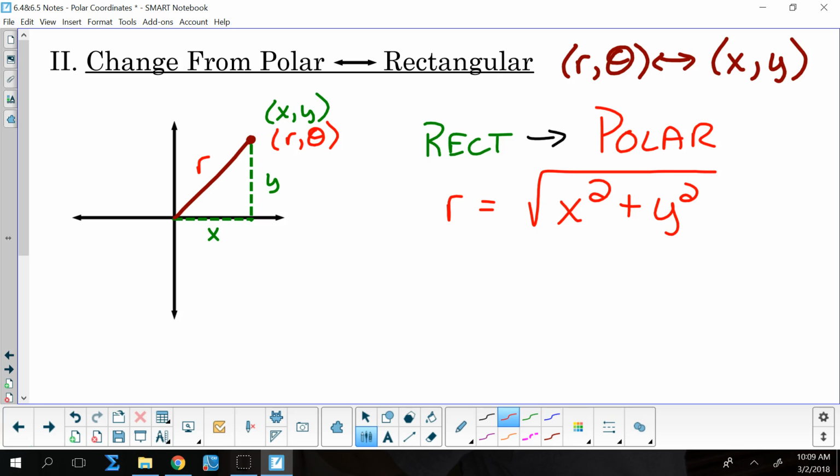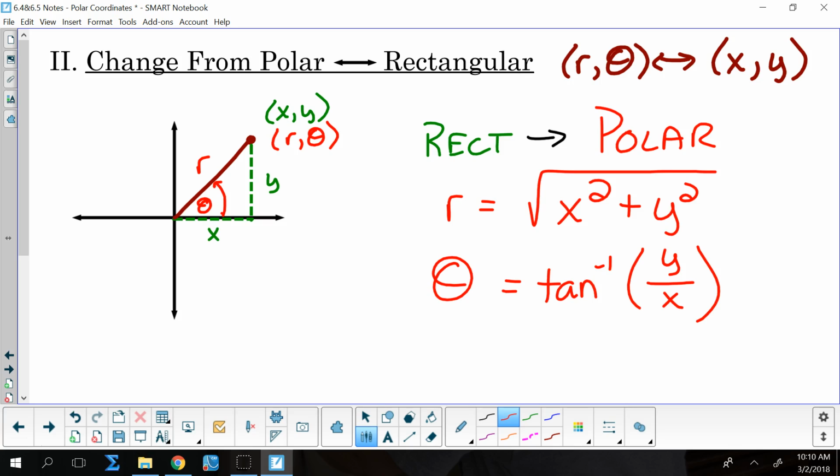All right, so theta. What about theta? But is that going to give me my actual theta? In quadrant 1, yeah, but what are we always going to be in quadrant 1?